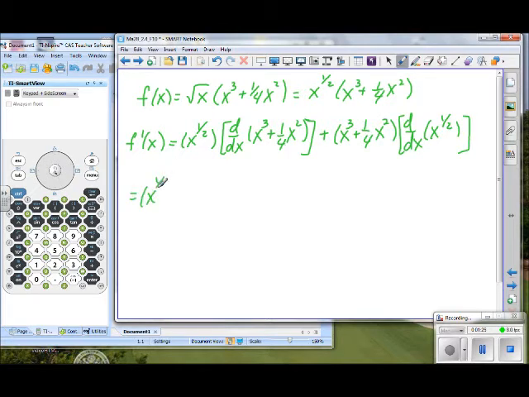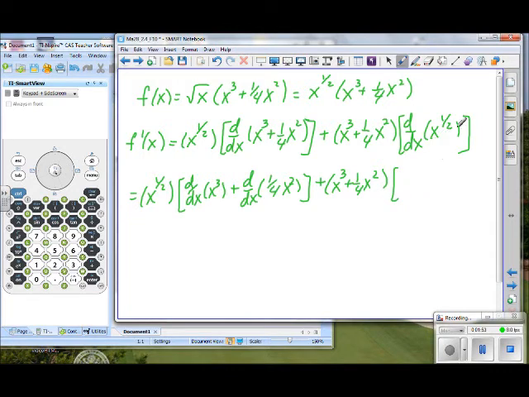So we have x to the 1/2 power times the derivative of each one of these terms, so the derivative of x cubed plus the derivative with respect to x of 1/4 x squared, plus our second factor, and then the derivative of x to the 1/2.